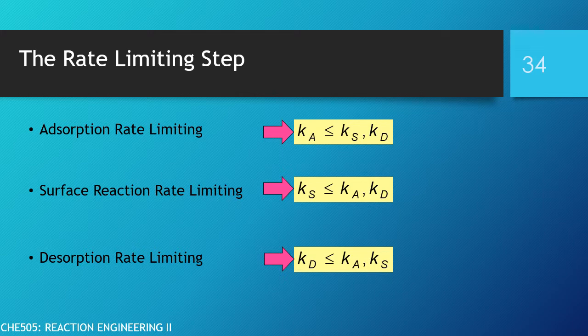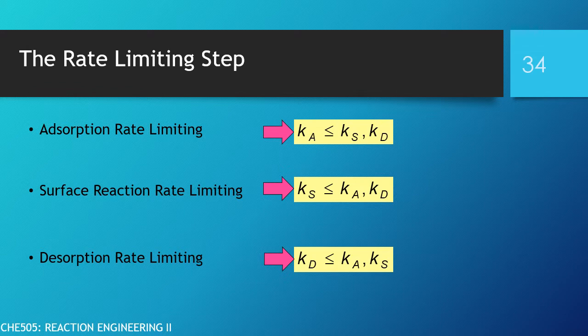When the rate constant of adsorption is smaller than Ks and Kd, that's why we call it adsorption rate limiting, because the adsorption process is very slow. Therefore, it will limit the reaction.